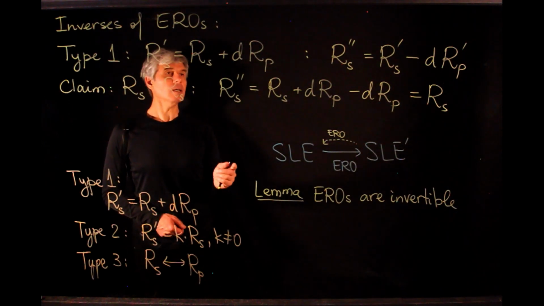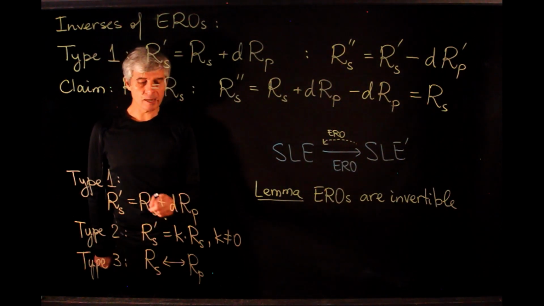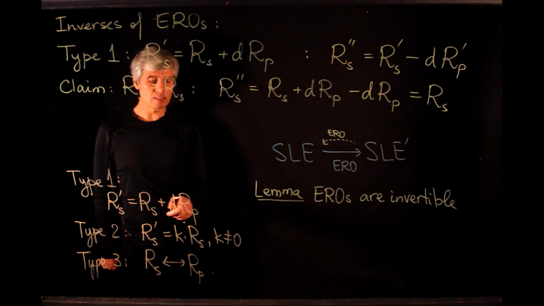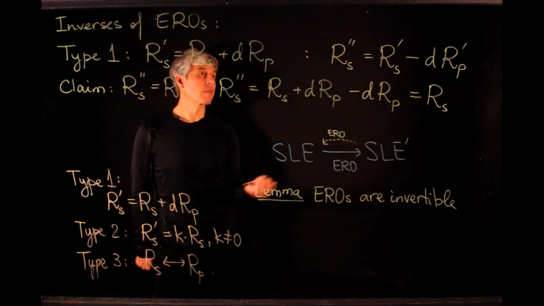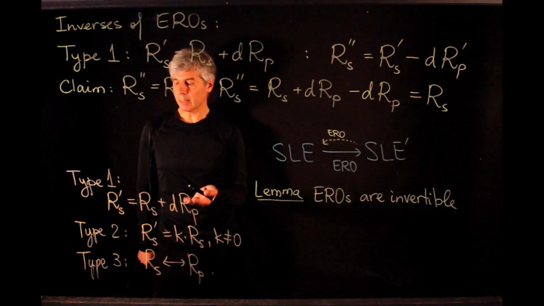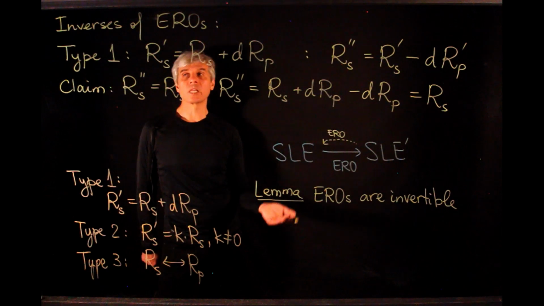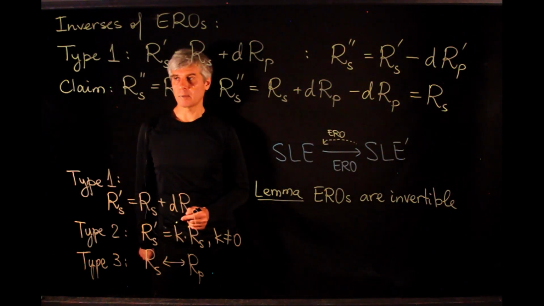So if we just switch the sign here, and instead of adding a d multiple of row P, we subtract a d multiple of row P, then this is again a type 1 elementary row operation, and it will undo the given elementary row operation.